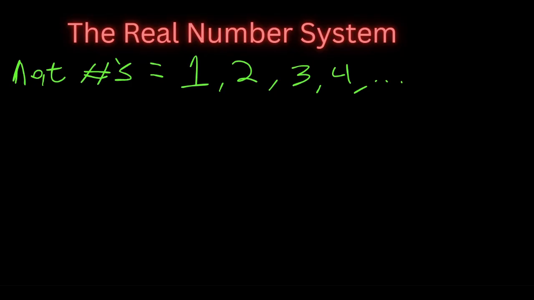Now, I'm actually going to erase those 3 dots because you're not going to stretch on for an infinite amount of time. You can't count an infinite amount of time, or pencils. So with the natural numbers, a key property is that there is no 0 and there are no negative numbers. These are the natural numbers or the counting numbers.